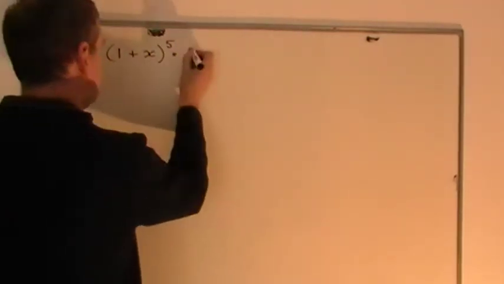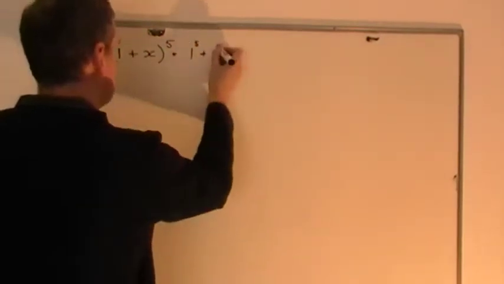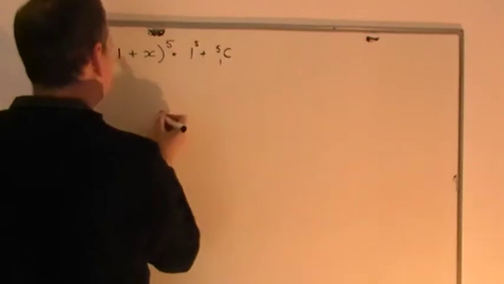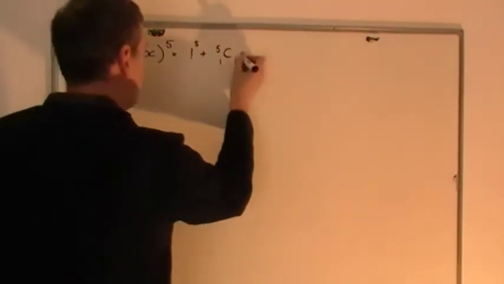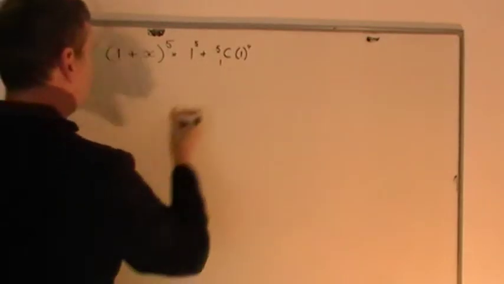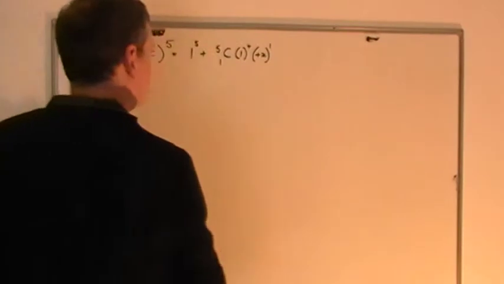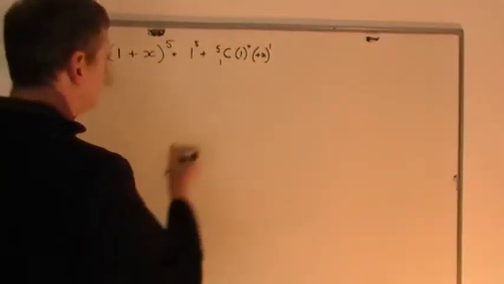You say first term 1 to that power 5, plus, next you say 5 choose 1, and then we have this first term 1 to the power 4 now, goes down to a power 4, multiplied by the second term, which is plus x, and you raise it to a power 1, like so.